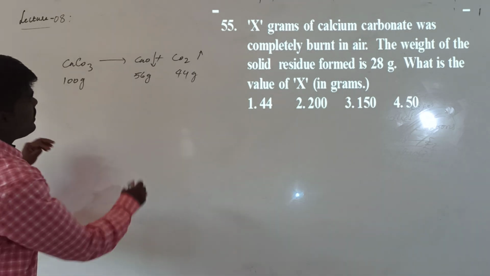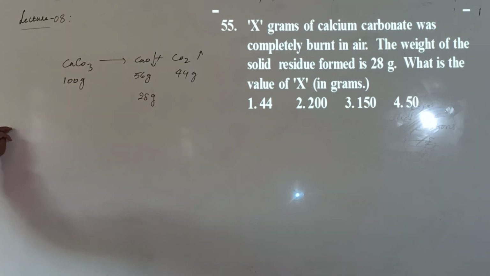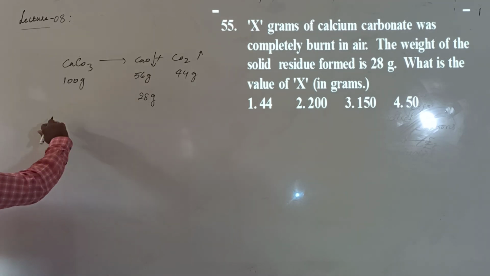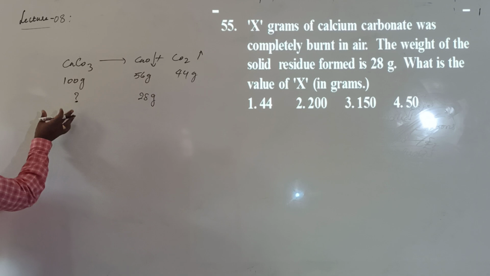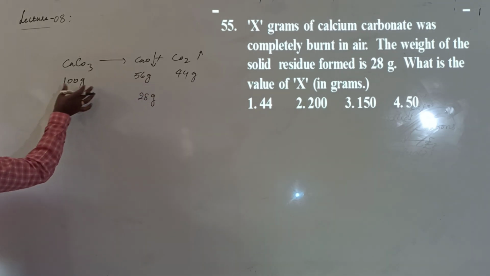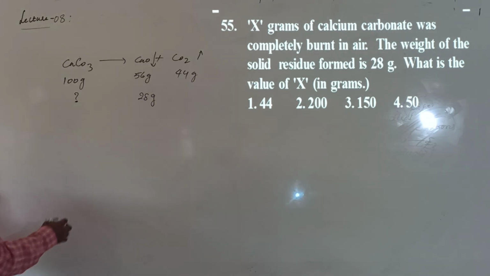He said that if 28 grams of residue is obtained, what might be the weight of calcium carbonate decomposed? If 56 grams are coming from 100 grams, then 28 grams must be coming from what?